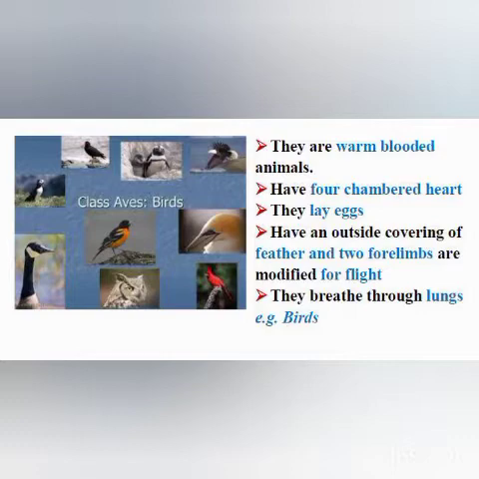If the outside temperature is 10 degrees centigrade, the body temperature will remain the same. If the outside temperature is high, if it is 45 degrees Celsius, their body temperature will not become 45 degrees Celsius. It will remain the same. So they maintain a constant body temperature. That is why they are warm-blooded animals.